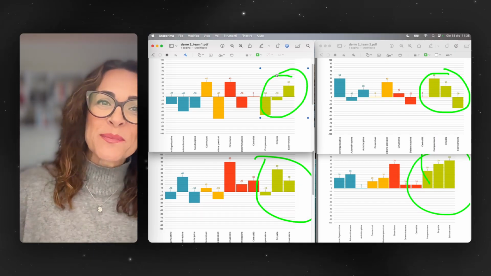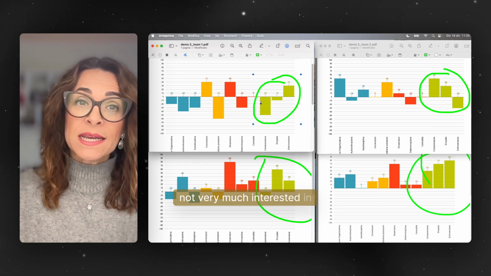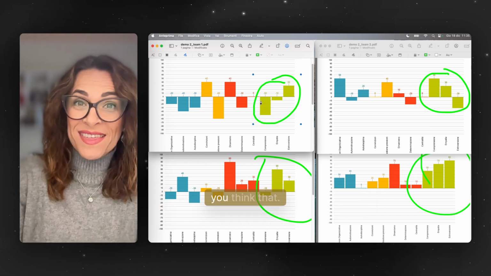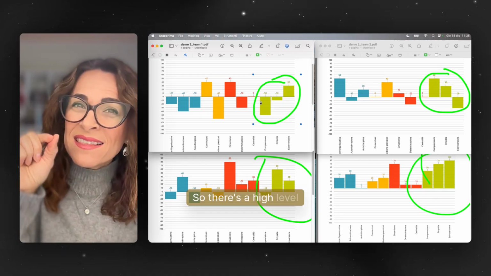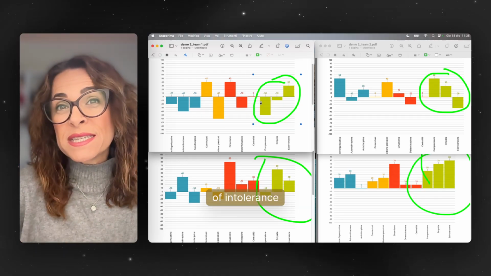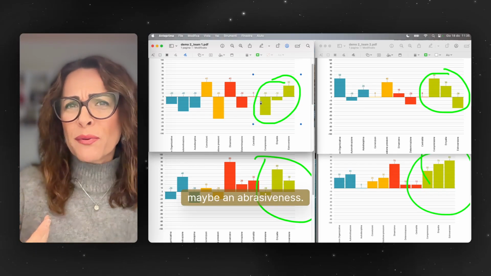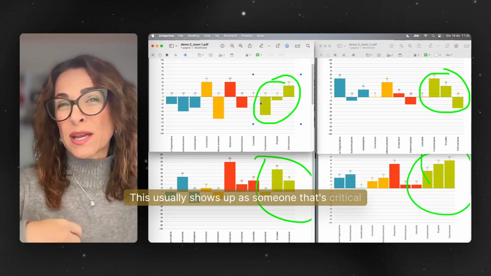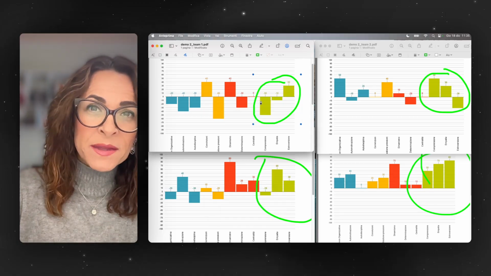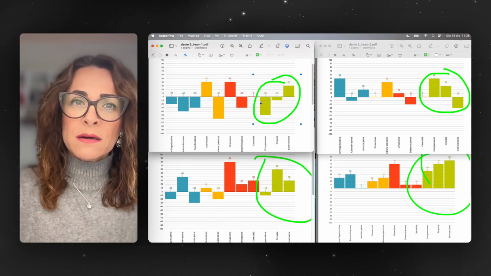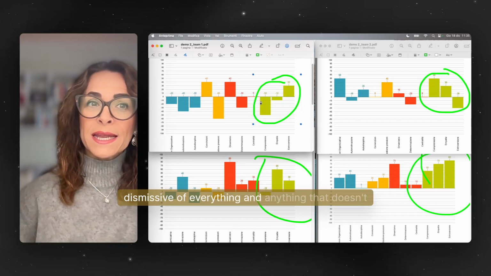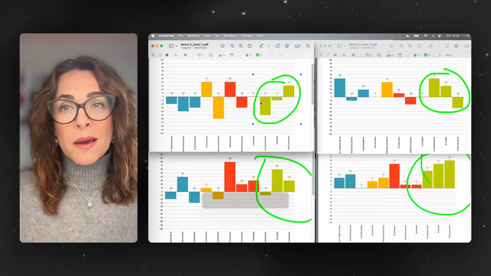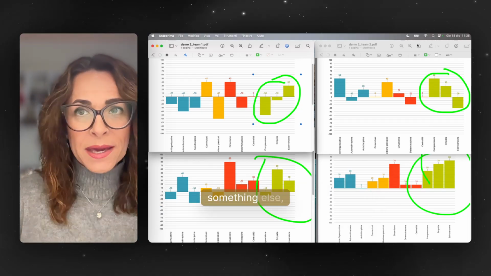And she's also not very much interested in getting to know what you think and how you think and why you think that, right? So there's a high level of intolerance and maybe an abrasiveness, right? This usually shows up as someone that's critical and judgy and very dismissive of everything and anything that doesn't match her own opinion. But let's look at something else.